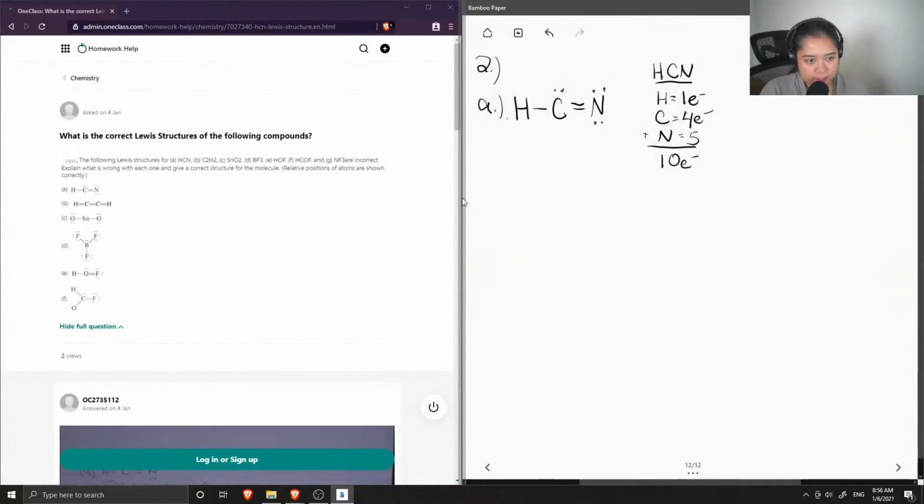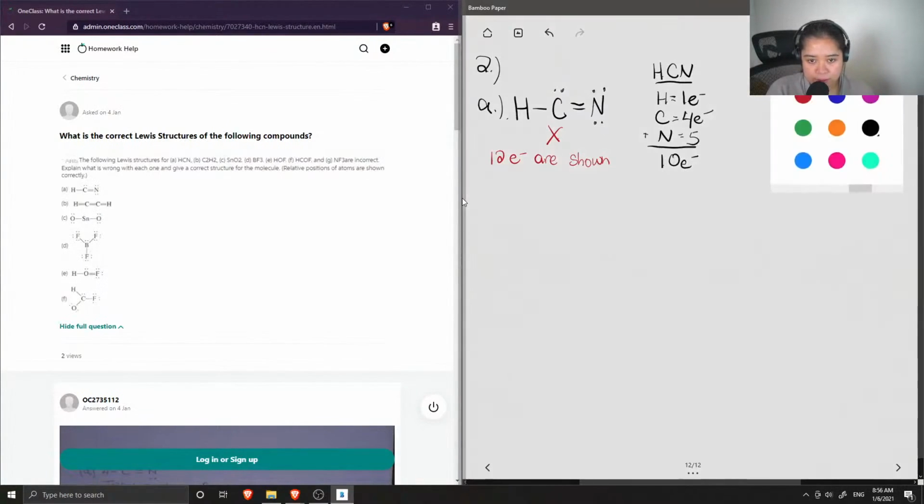So if we count it out with each bond containing 2 of them, we have 6 in the form of bonds, 7, 8, 9, 10, 11, 12. So this molecule has 12 electrons. So if we were to draw the correct version, this lone pair of carbon, I'll turn it into a bond.